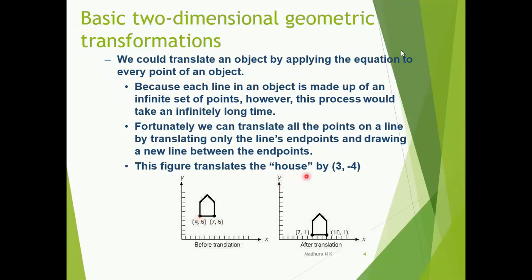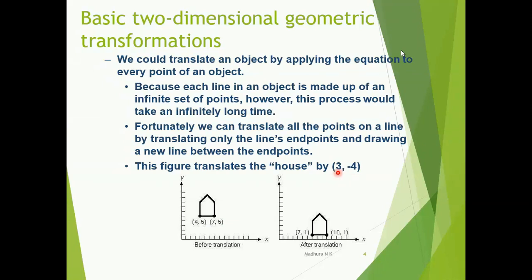So now add these offset values. 4 plus 3, you get 7, and 5 plus minus 4, you get 1. So you get 7 comma 1 as the new position, the new x dash and y dash values. Again, for 7 comma 5, you can say this is the original x and y values, and now you add the offset values.